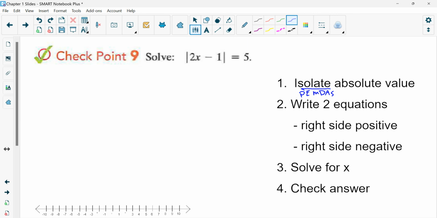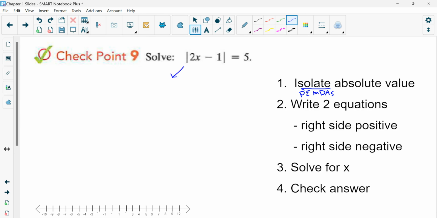For our particular problem, we're already isolated. Notice there's nothing outside of the absolute value. There's some stuff inside, but nothing outside of it. Once we have that isolated, we're going to get two answers. We make the right side positive, and then we make the right side negative, because again, it's saying the distance from 0.